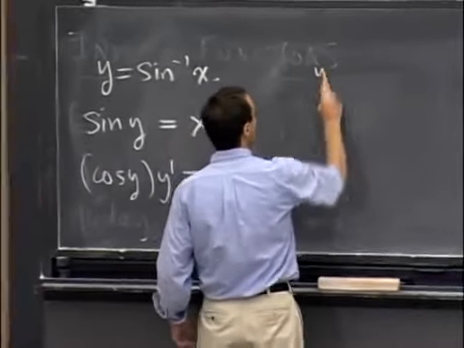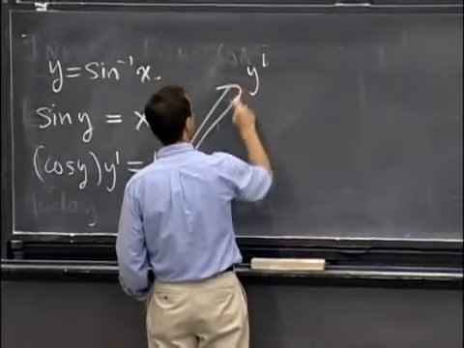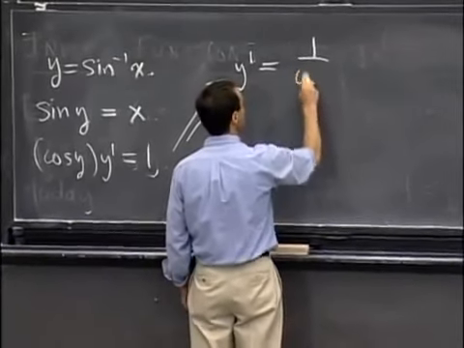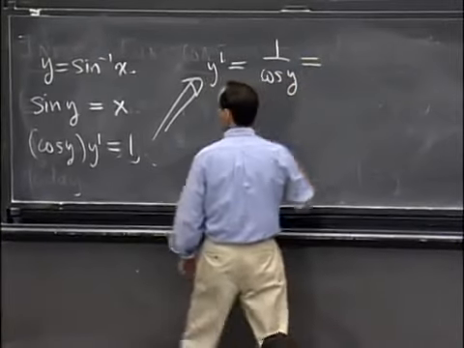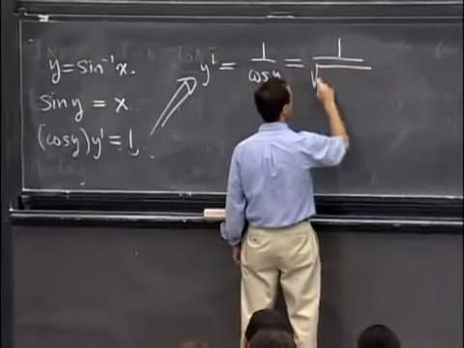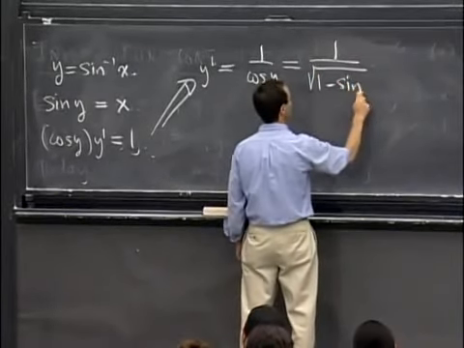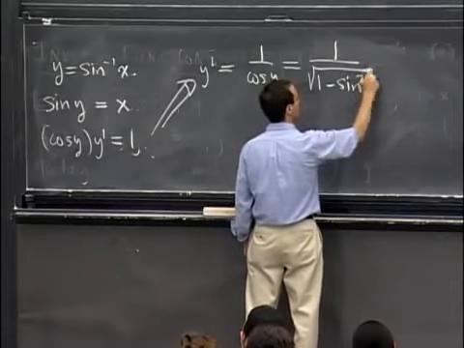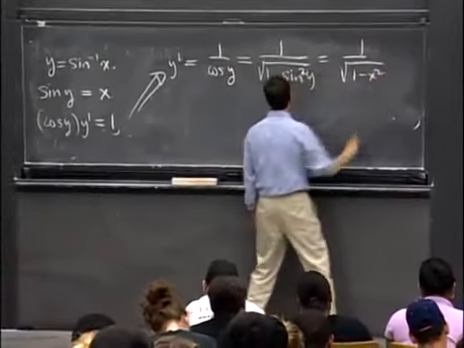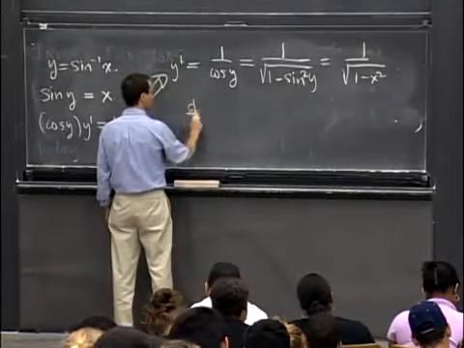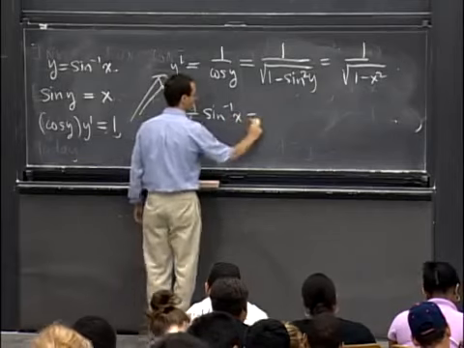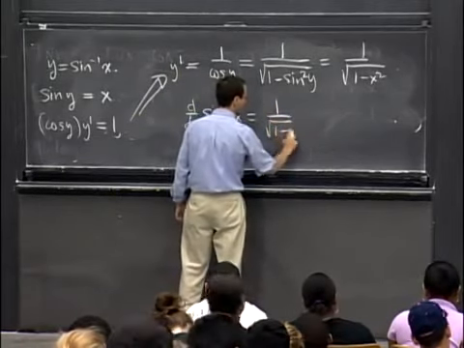And then that implies that y prime is equal to 1 over cosine y. And now to rewrite that in terms of x, I have to just recognize that this is the same as this, which is the same as 1 over the square root of 1 minus x squared. So all told, the derivative with respect to x of the arc sine function is 1 over the square root of 1 minus x squared.